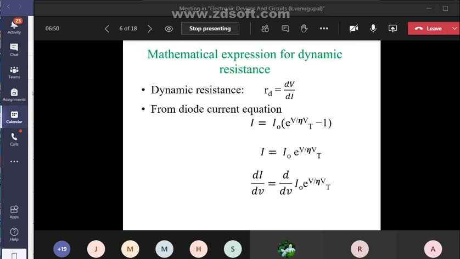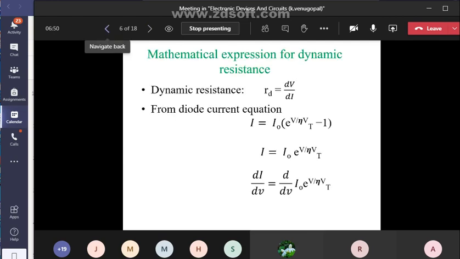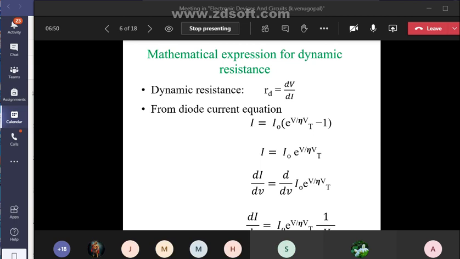How to calculate the dynamic resistance? See here, the dynamic resistance RD, also called AC resistance. So small RD equal to delta V by delta I, or dou V by dou I, or dV by dI.